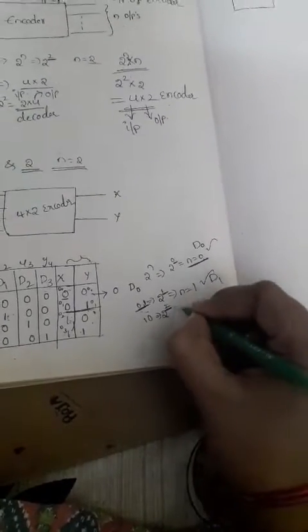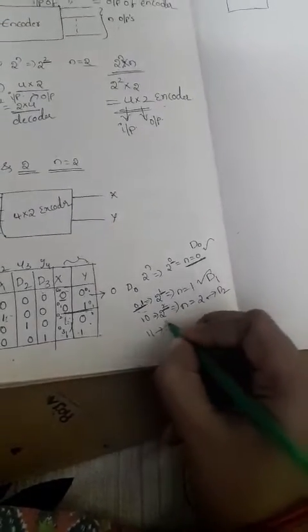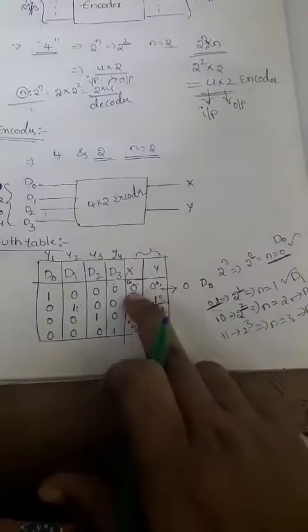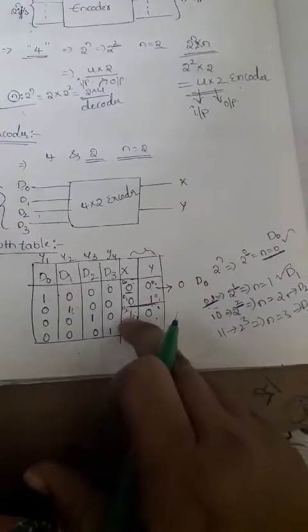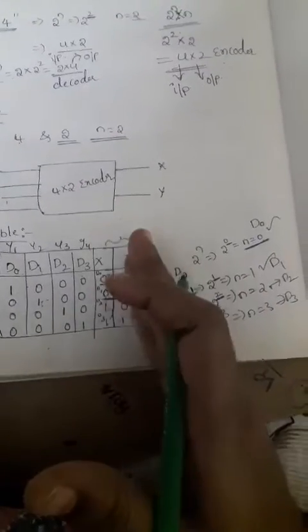So 2 square means n is equal to 2 here, and D2 will be highlighted. For the 1 1 case, 2 cube, the third one is highlighted, so we choose D3. That means in the first case D0, second case D1, third D2 and fourth D3.